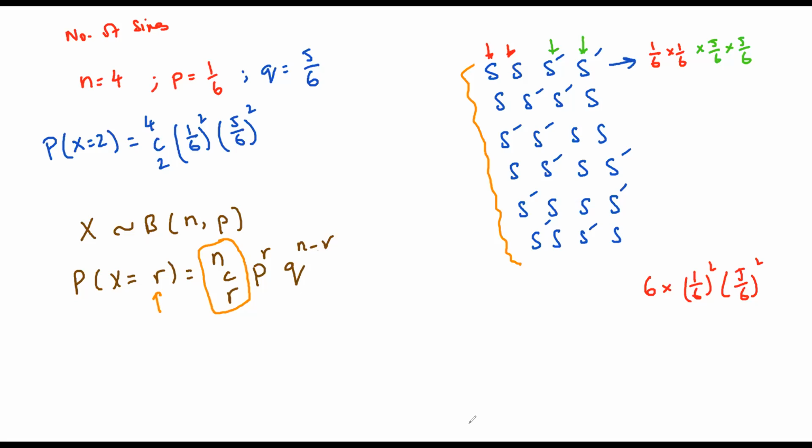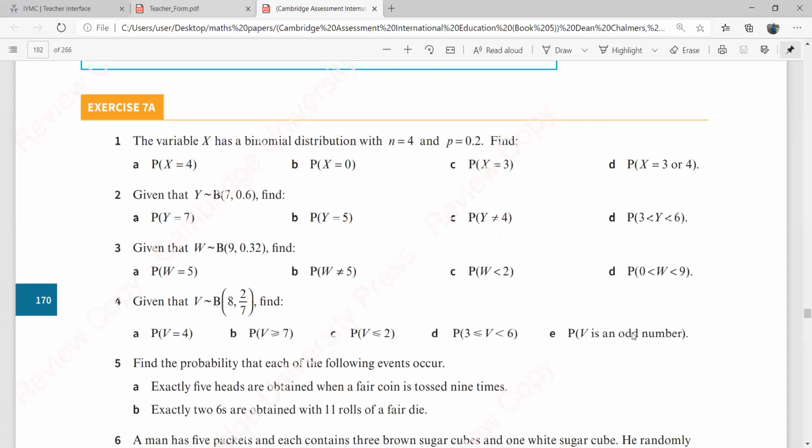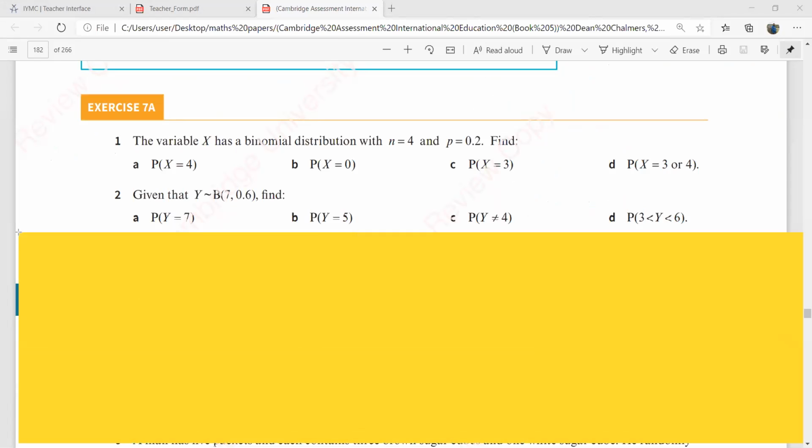Okay, if I show you the questions from the book, you see the questions are here. We can try some of them because we still have 7 minutes with us. Now look at this. In the first question, it says the variable X has a binomial distribution with N equal to 4 and P equal to 0.2. The same thing could also be written as X is binomially distributed with 4 comma 0.2.